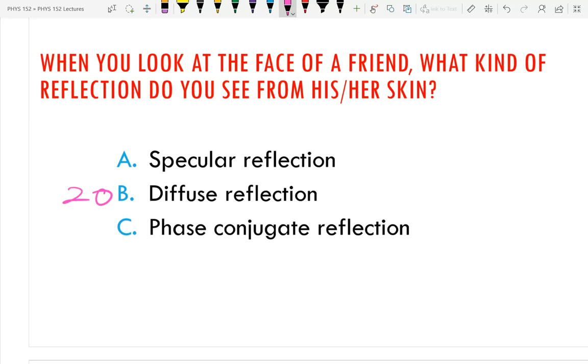Well, how can the pores and everything on my face give us a partial specular reflection? You form a fluid layer over there, and that fluid has a smooth surface that'll reflect maybe 5 to 10% of the light. And so that's what gives you the glare. And so if my skin was perfectly dry, you wouldn't get that.